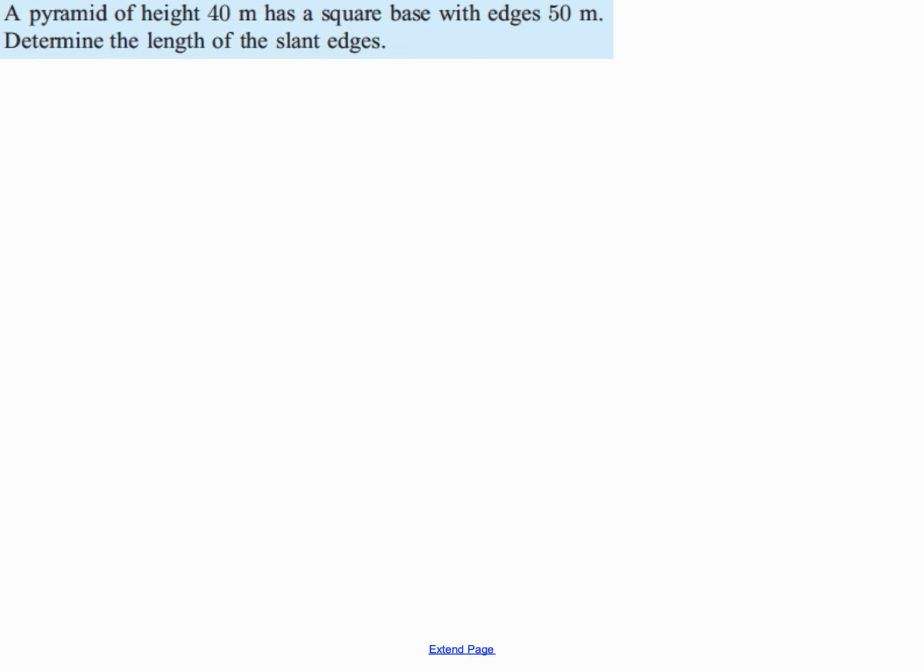And I got one more for you. A pyramid of height 40 meters has a square base with edges of 50 meters. Determine the length of the slant edges. Holy smokes. All right, so square pyramid. I'm first going to draw the front bottom edge of the pyramid, and then I'll draw this one.